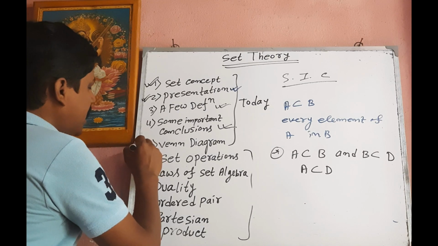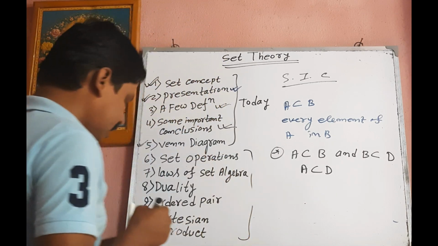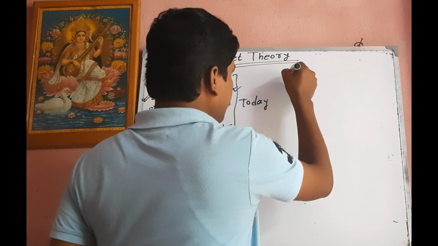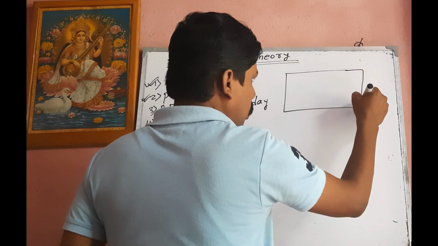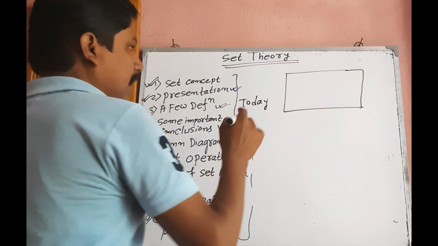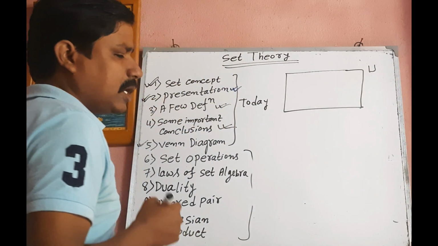Now we move to the next, the last section of the day, Venn diagrams. In Venn diagrams, we are discussing this figure as the universal set.